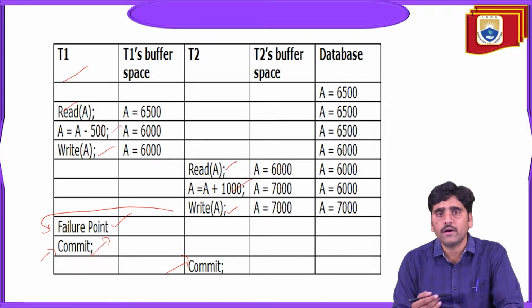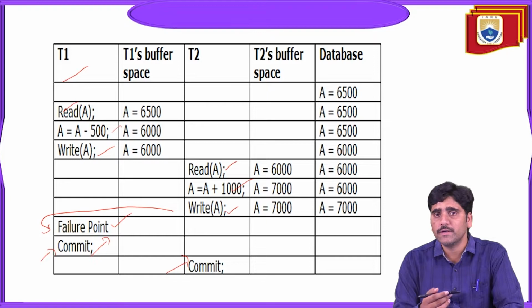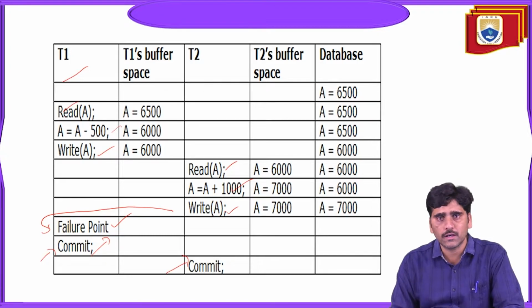Now, we can recover transaction 2 along with transaction 1 because transaction 2 is committed after committing transaction 1. If transaction 2 is committed before committing transaction 1, then it is not possible to recover the transaction.